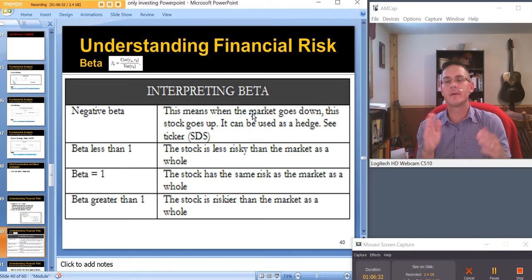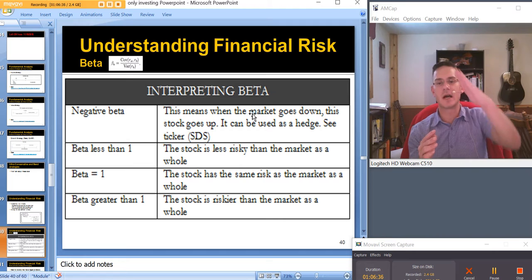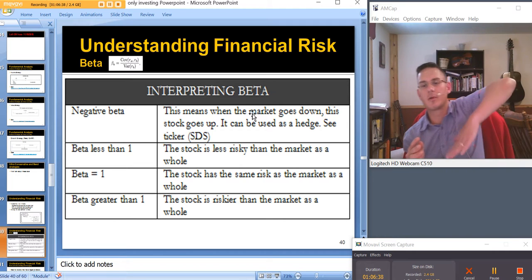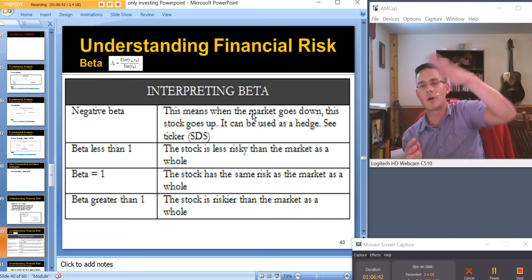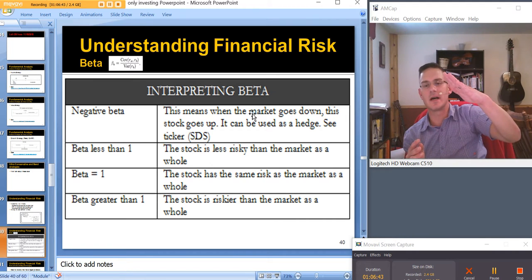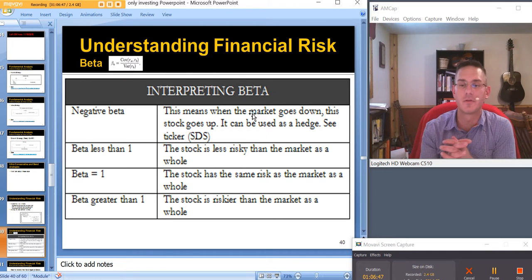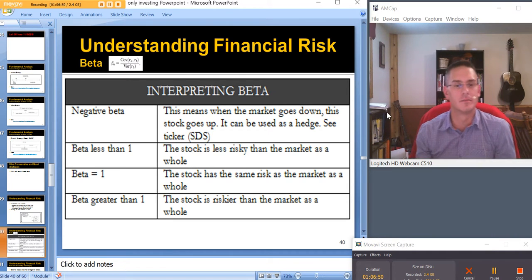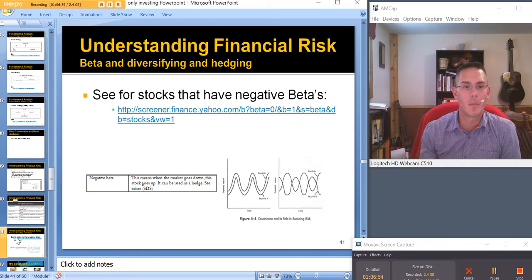So if you have a perfect negative beta of -1, when the stock market goes up, the price of this stock goes down. When the stock market goes down, the price of this stock goes up. So it's kind of interesting. And what those stocks can be used for is a hedge when setting up an investing portfolio. All right, and that's what we're talking about here with those fluctuations.